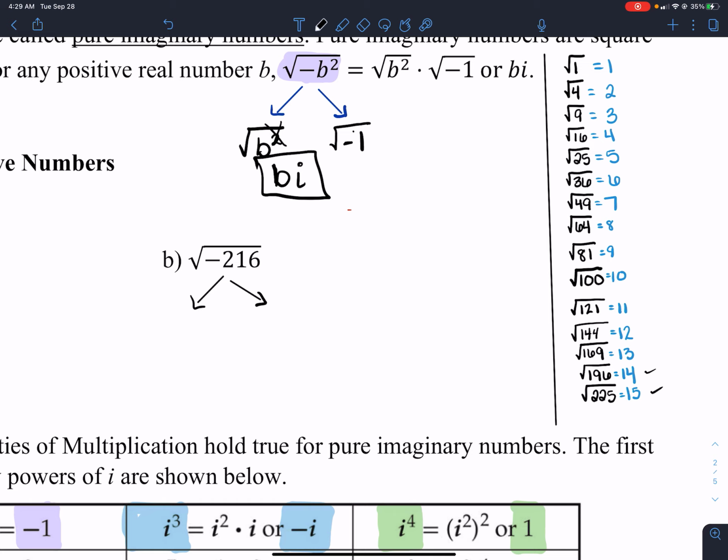All right, so I was looking at this, and if I do 216 divided by 6, I get 36 times 6. Now remember, one of them has to be negative, and I'm going to make that perfect square value negative. 36 is a perfect square, so that gives me 6i. There is not a perfect square of radical 6, so that stays. Okay?